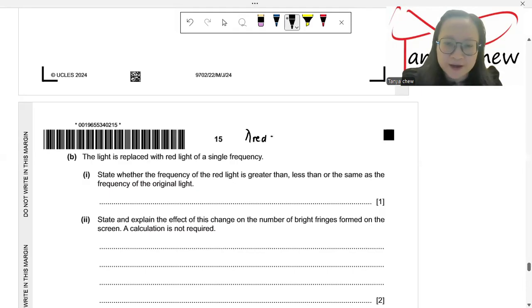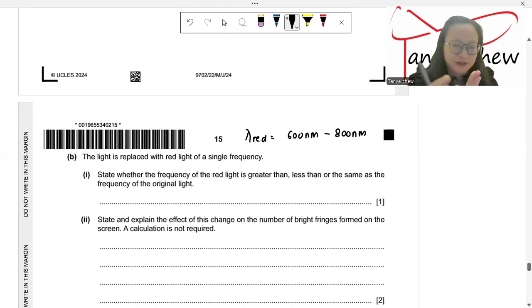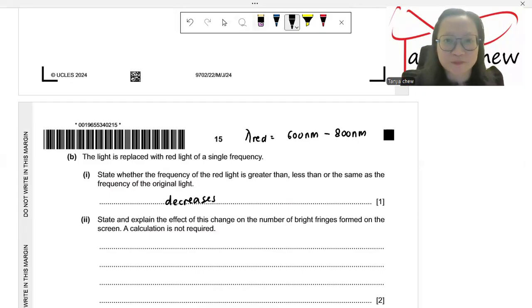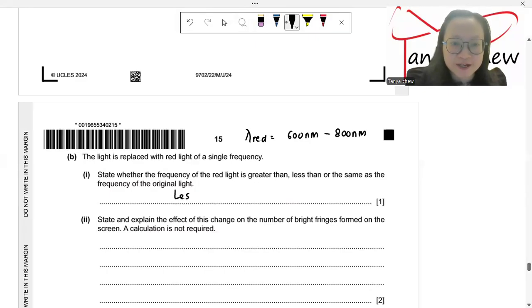The wavelength of red light is between 600 nanometer, which is a longer wavelength, to 800 nanometer. Since the wavelength of the red light is longer, the frequency of the red light is smaller. So the frequency of the red light is lesser, that is the answer.